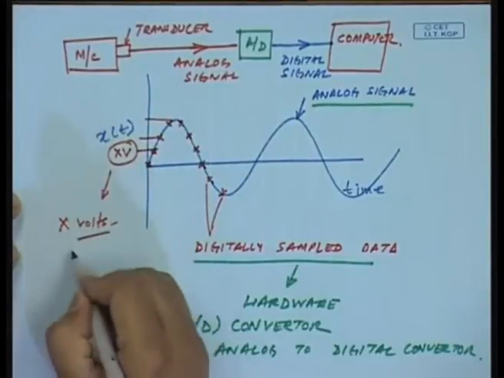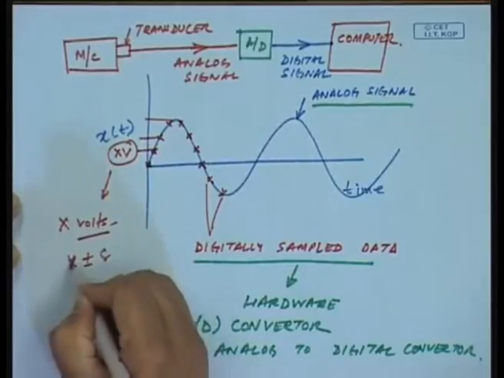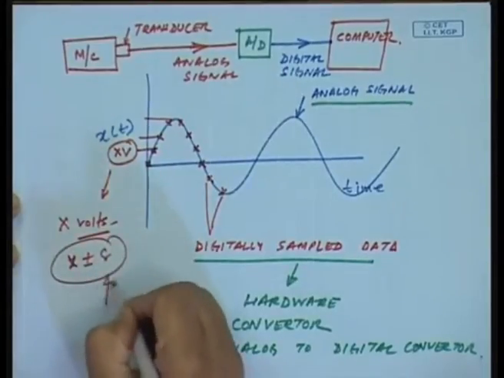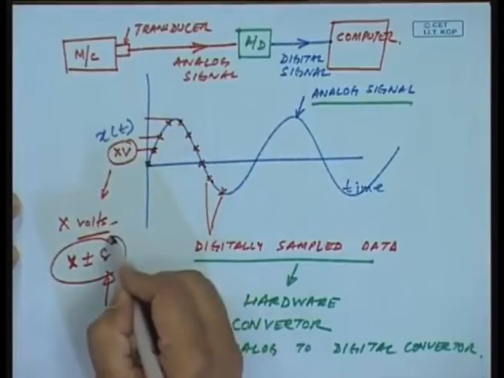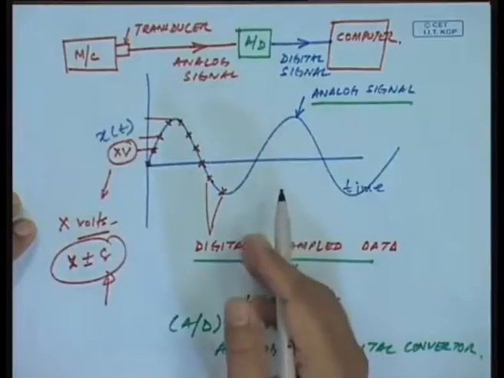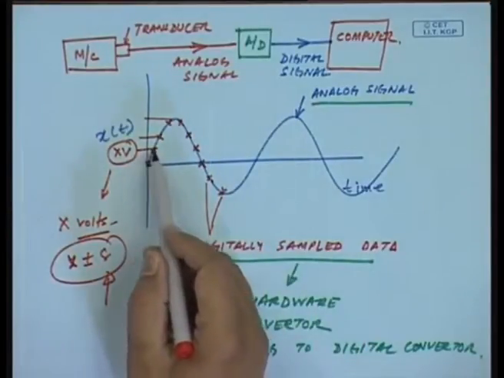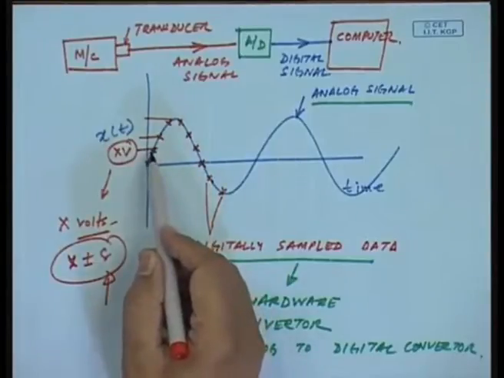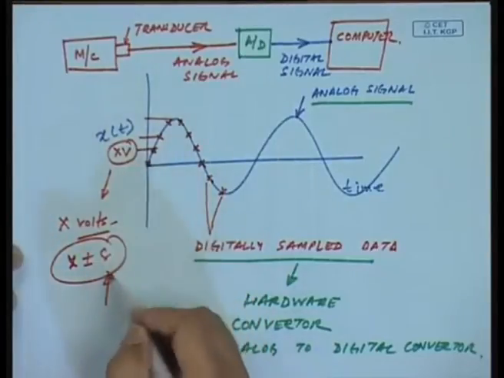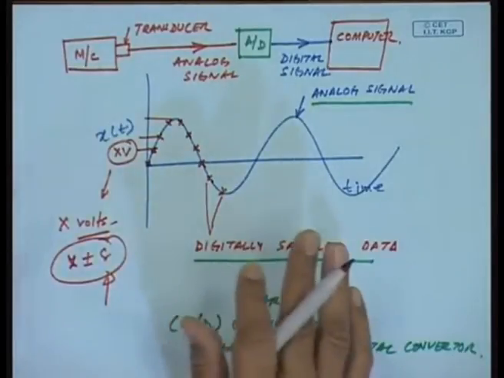It should not be x plus minus some delta. Otherwise, this is the error in the amplitude estimation. I should be almost equal to x, but you will see there are limitations, that I will never be equal to the amplitude of the real analog signal unless I do something, and that is what we are going to discuss primarily in this A to D converter.